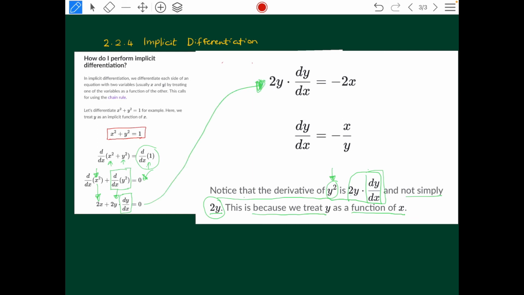We rearrange the terms so that the 2x is brought to the other side, so it becomes minus 2x. Because we are interested in dy over dx, the final solution is minus 2x divided by 2y. You can cancel out the 2, so what's left is negative x over y.